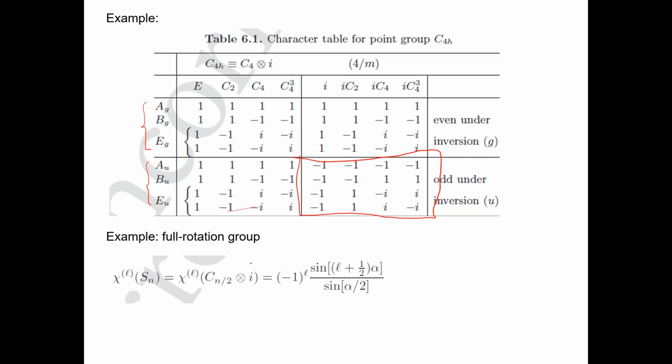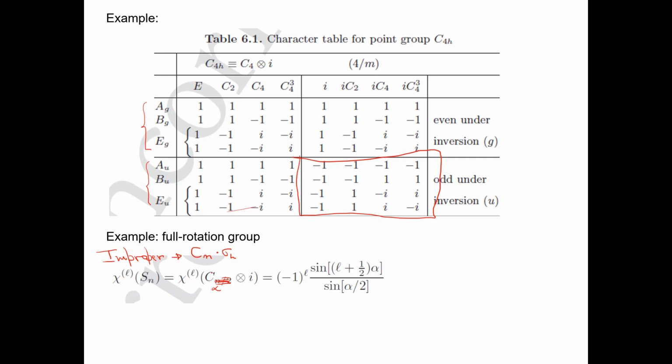Sn is an improper rotation. Basically, you rotate by a Cn and combine this with a sigma h reflection, and this improper rotation can also be seen as a combination of, this is not 100% correct, so I will call it C alpha.